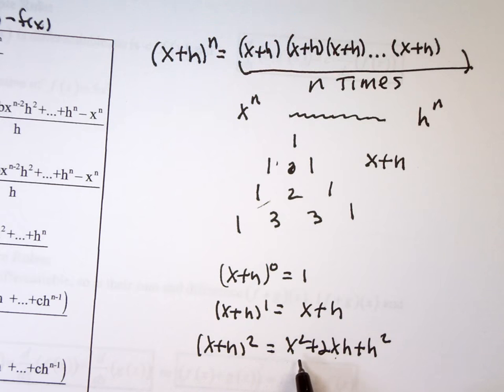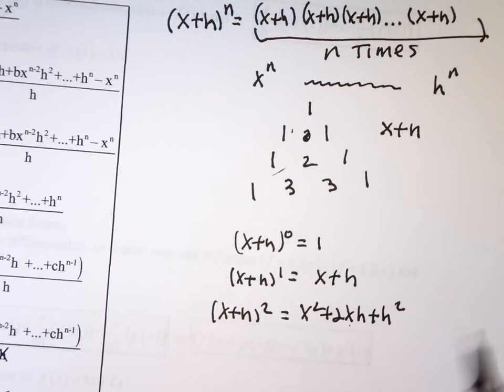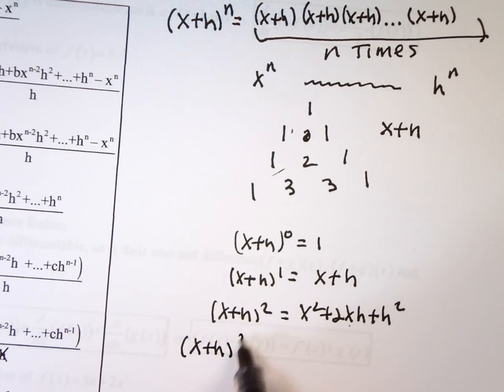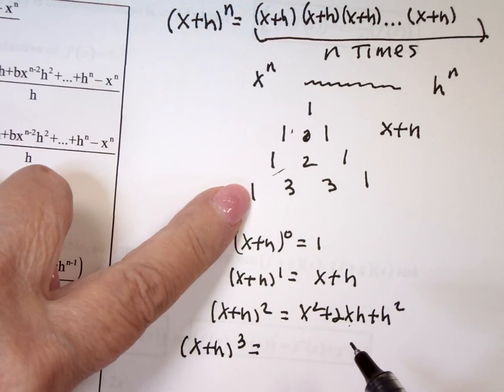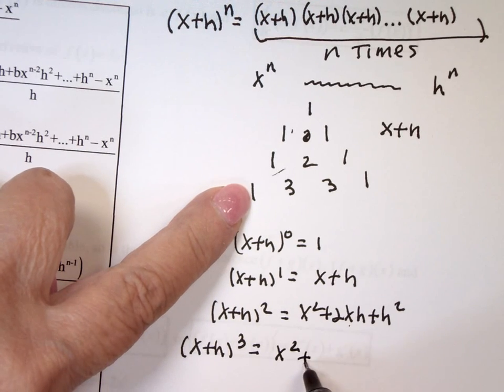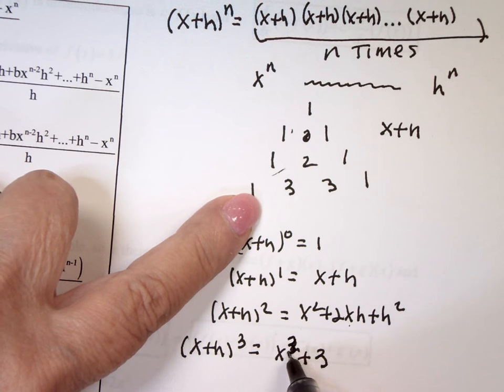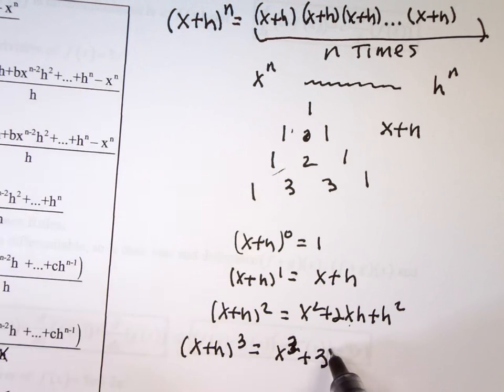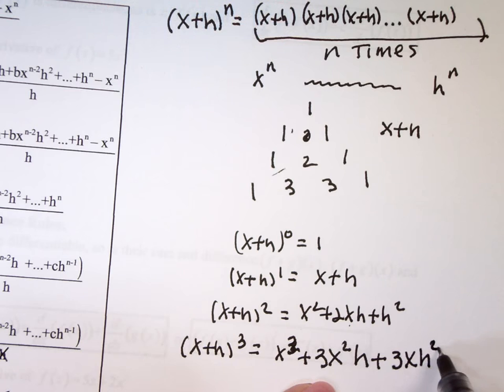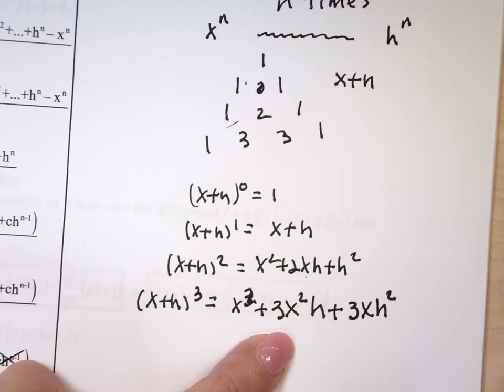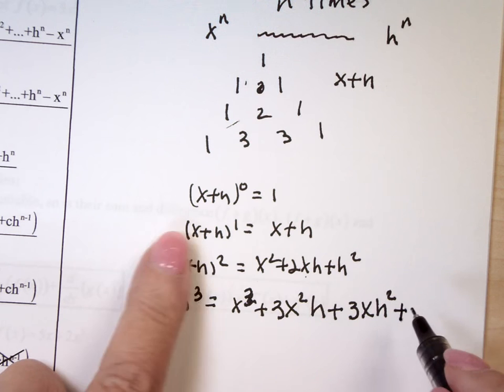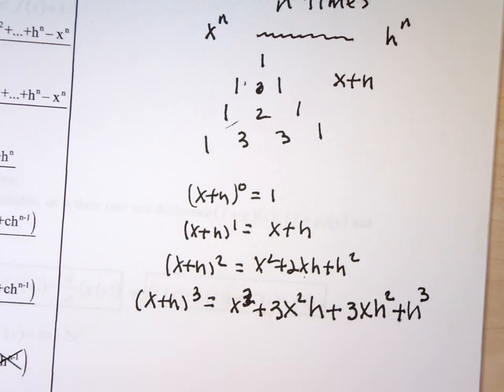The h's go up: h to the 0, h to the 1, h to the 2. x plus h cubed, if I look at Pascal's triangle, is x cubed, excuse me, plus 3, x goes down, h goes up, plus 3, x goes down, h goes up, plus h cubed. That's the pattern.